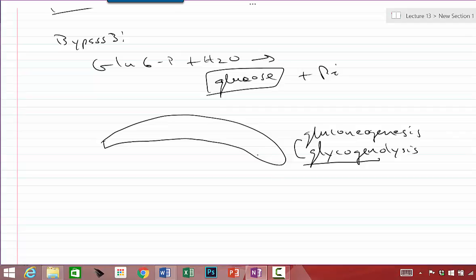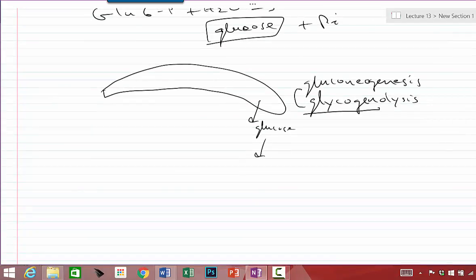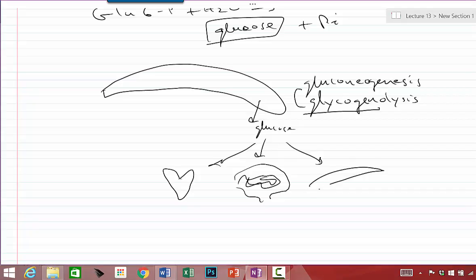So that happens in the liver, and that glucose then will be exported to other organs in the body, the brain, the heart. Oh, that's nice. And then we've also got the muscle. So we got all those organs that need the liver in order to do that.